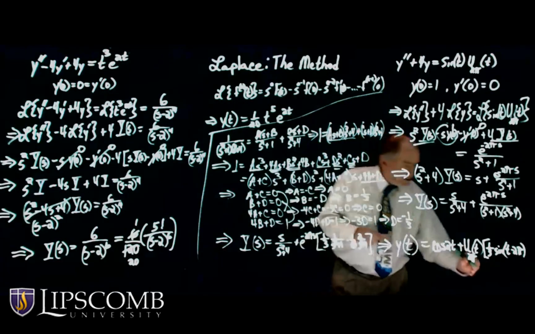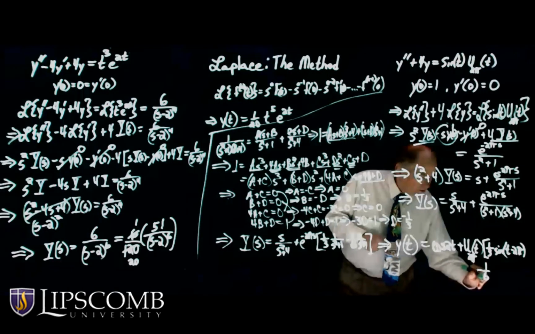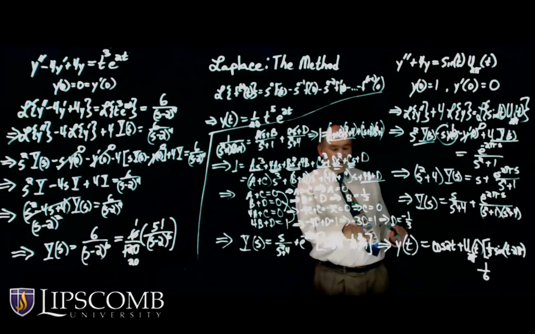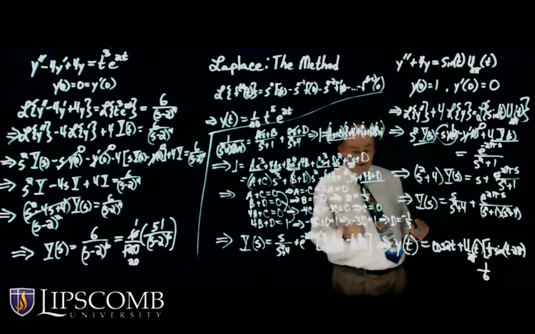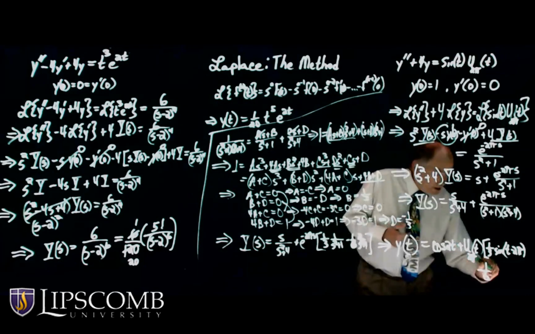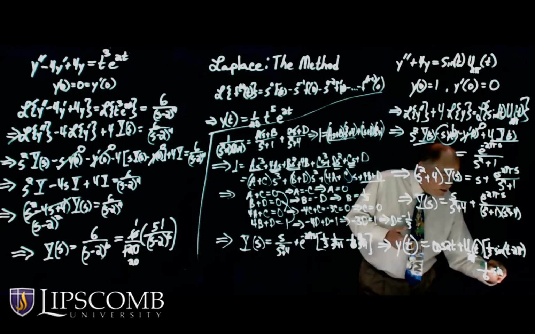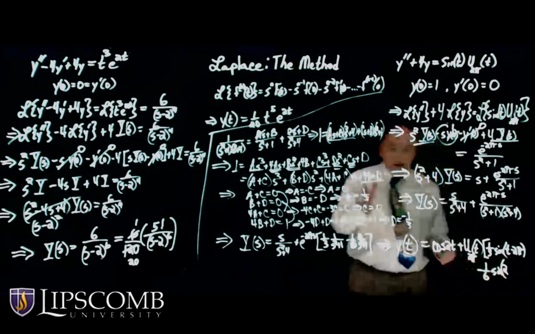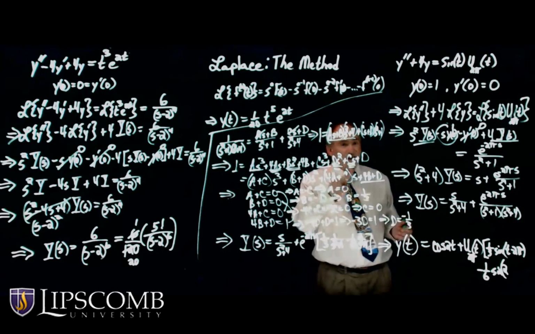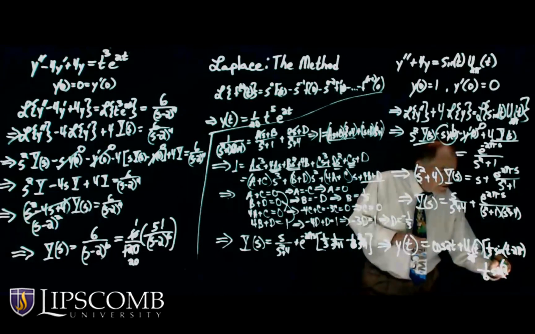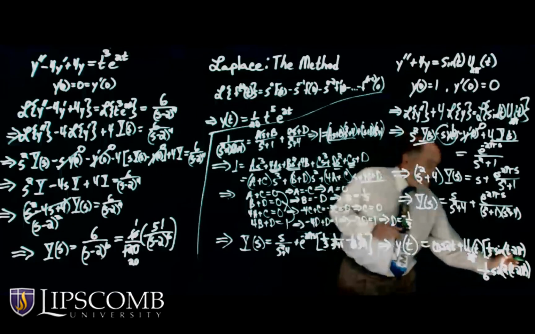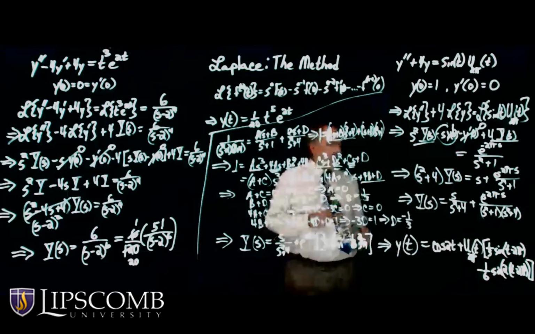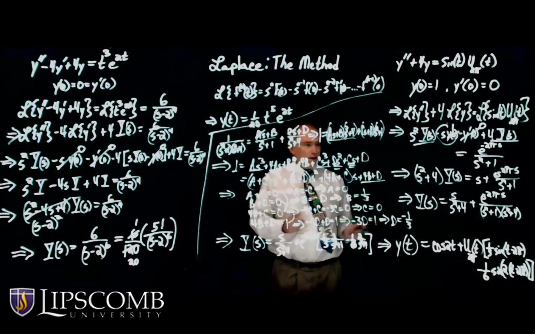Minus the 1/6, I'll put it underneath. This again, that's the inverse Laplace of sine. So that would be sine of 2t, but second shifting theorem, instead of t, I write t minus 2 pi. And put a bracket. So you can leave it like that, and that's our final answer.